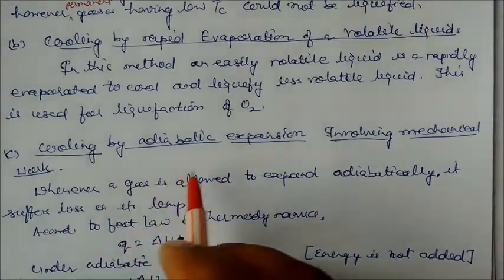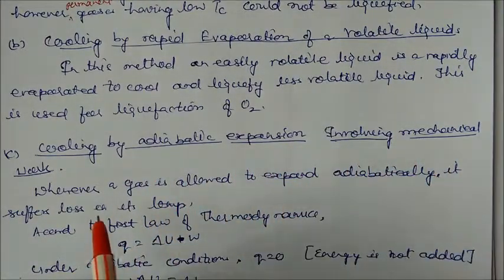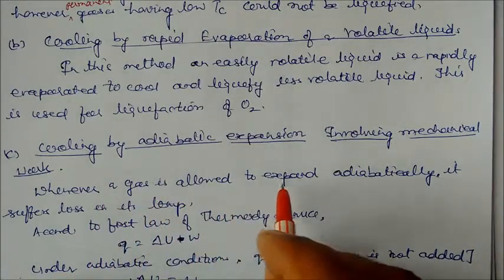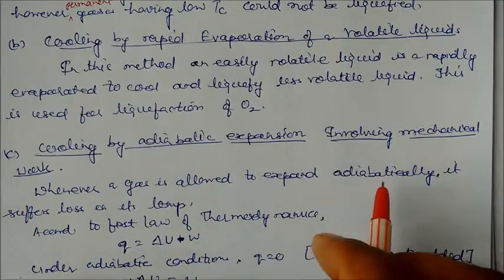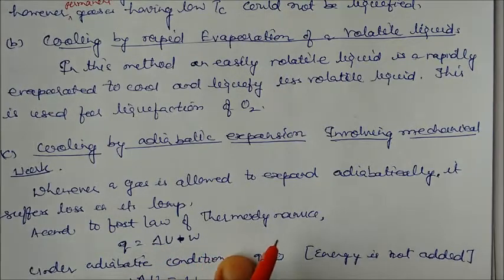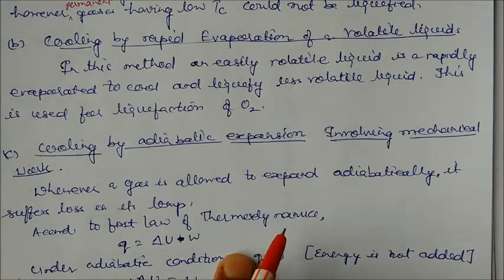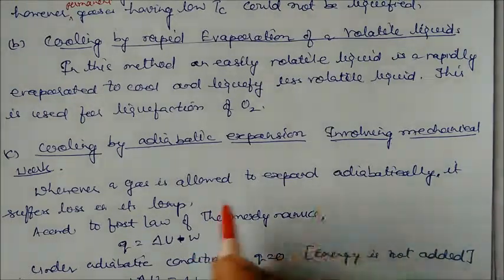Third is cooling by adiabatic expansion involving mechanical work. This means whenever a gas is allowed to expand adiabatically, it suffers a loss in its temperature. This concept is taken from the laws of thermodynamics. We have to expand the gas adiabatically, which means we do not add heat.